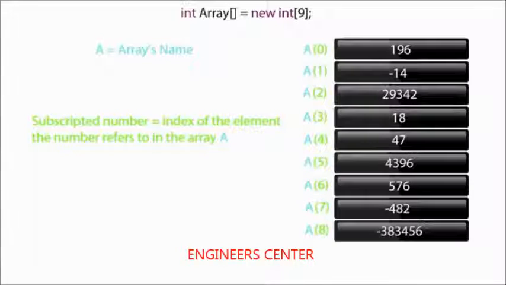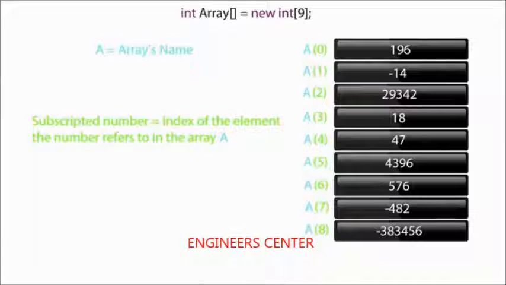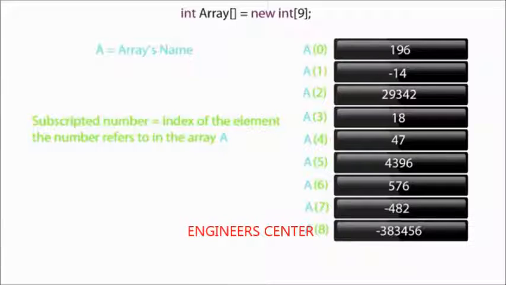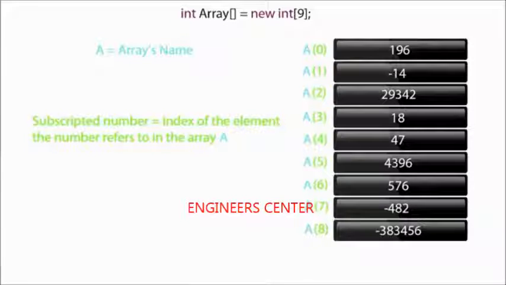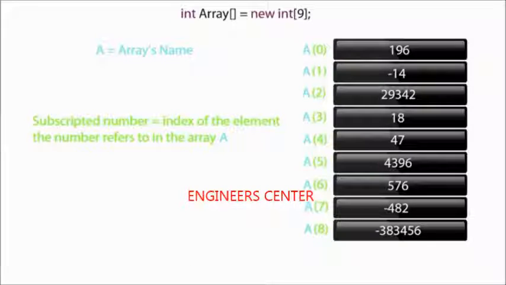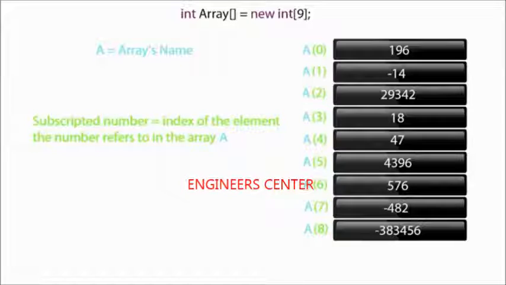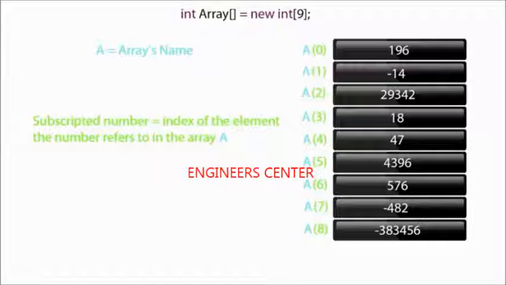But if we were to tie that code on the top to the array shown here, then the word array would be replaced by just the letter A, because the array's name is A. In the code, the array's name is array. So then it equals a new integer. The array is going to be of integers, and the number in brackets smushed together with int is how many placeholders the program will create for that string of numbers.